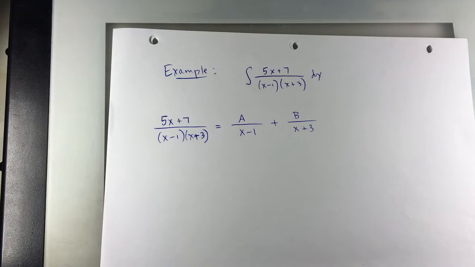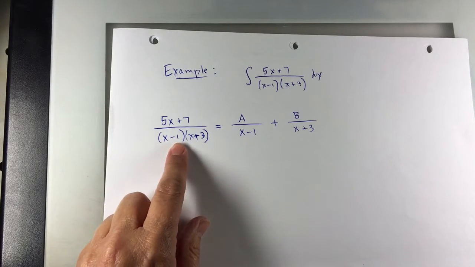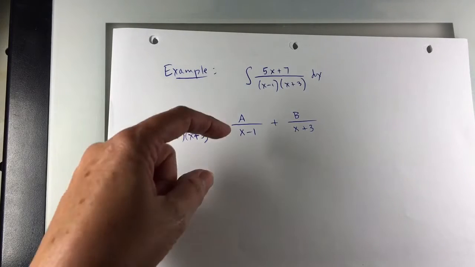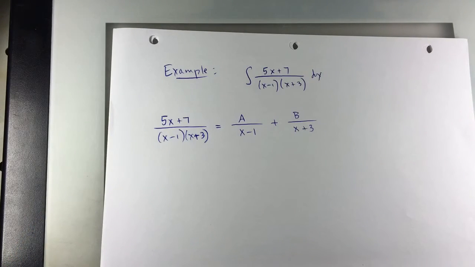So if this breaks down into linear factors, where the x is to the first power, then in the top you have a single number. And we just use capital A to represent that number. And then x plus 3 is a linear factor. So in the numerator for that, you're just going to have a B, a single number. We'll just let B hold the place of that single number.